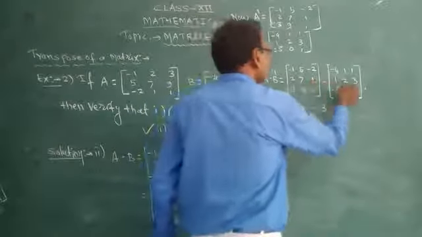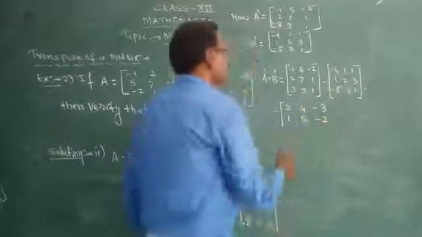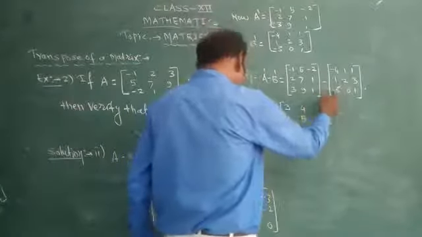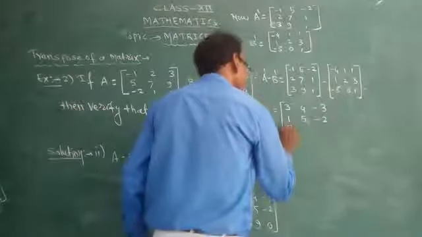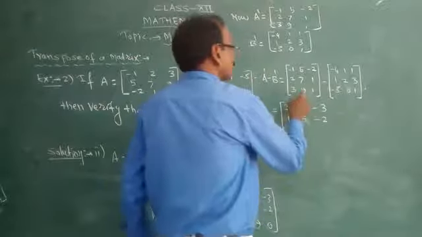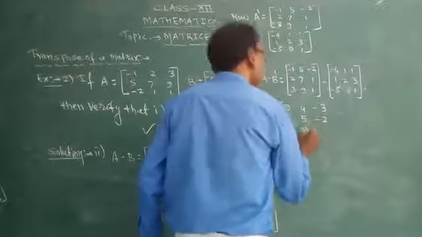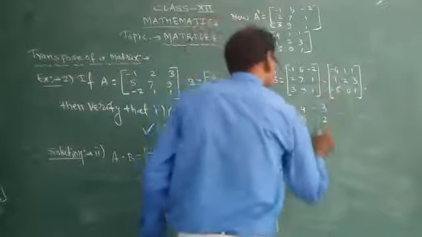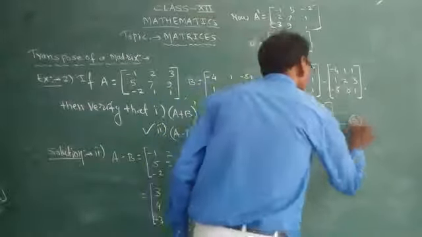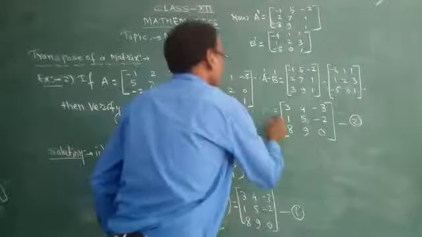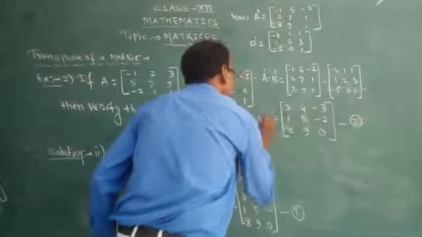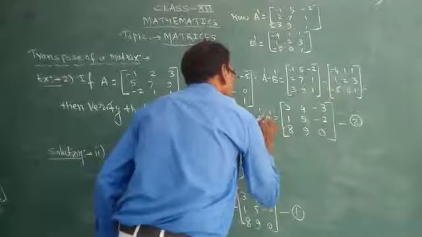Then 1 minus 3 is minus 2. 3 minus of minus 5 becomes 8. Then 9 minus 0 is 9. 1 minus 1 is 0. This is number 2 and this is number 1. This is your A transpose minus B transpose.